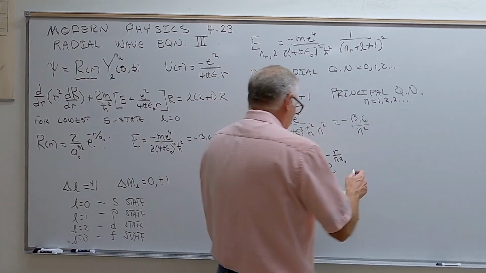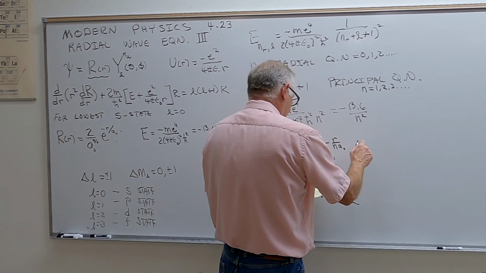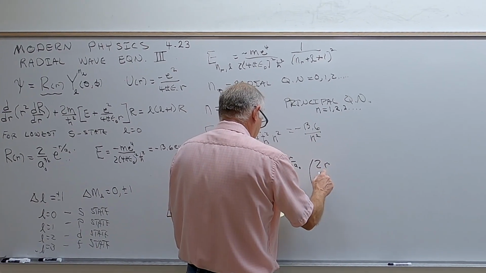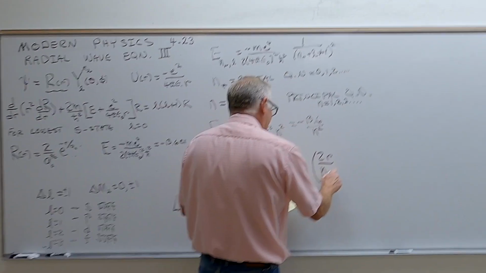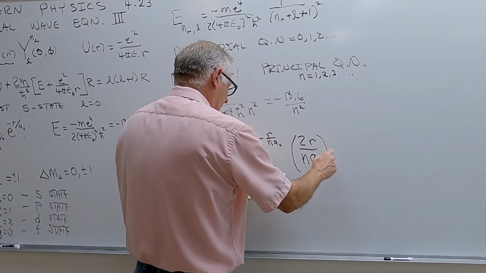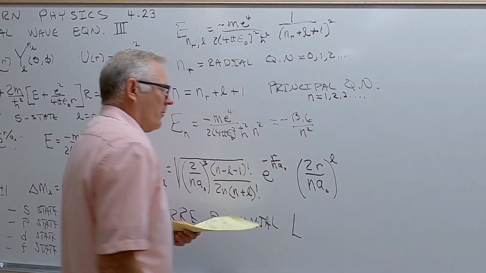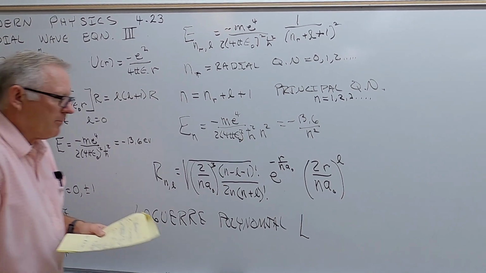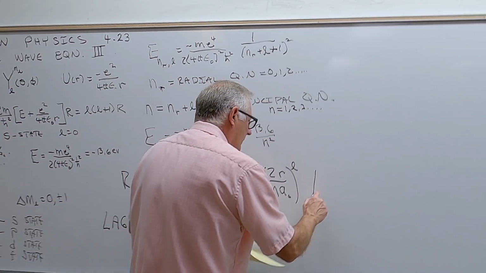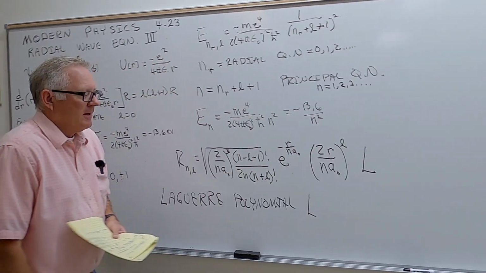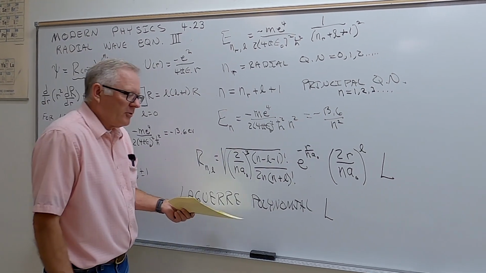Okay, and so what we have here also is 2r divided by n a naught to the l power. And then we have our polynomial, my L. And remember, it's a polynomial in x.